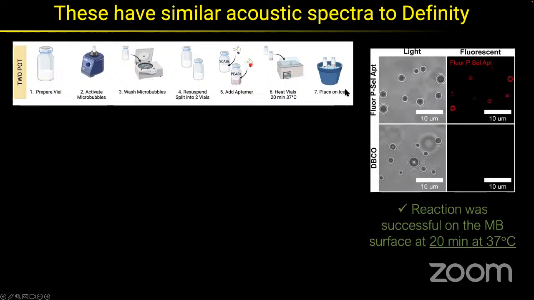Now, this gives us these really nice ultrasound microbubbles, and we were actually able to get them with a fluorophore, Cy3, on the end, as well as the azide, and we could get this really nice labeling on the surface of our microbubbles compared to our controls.